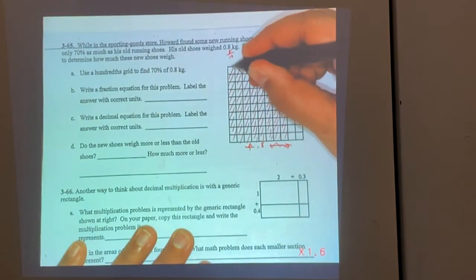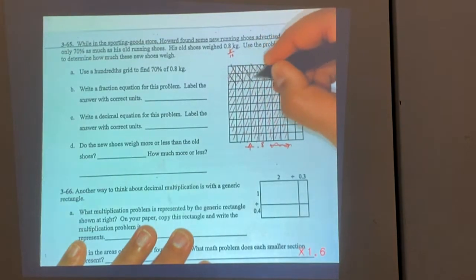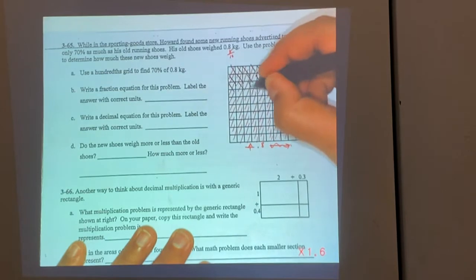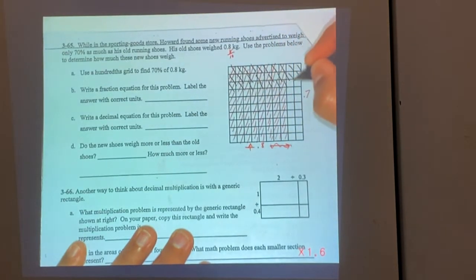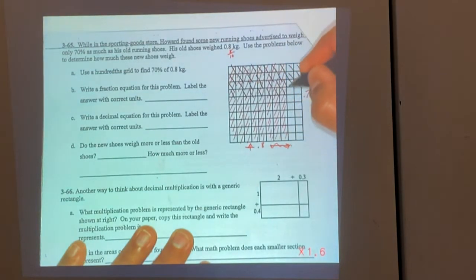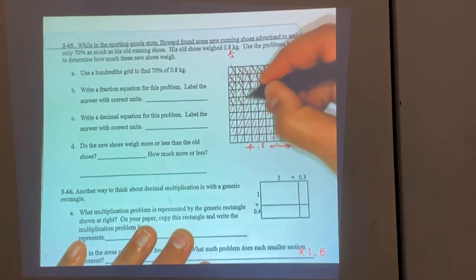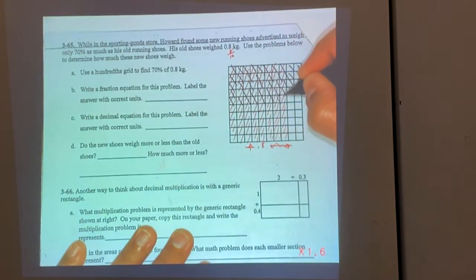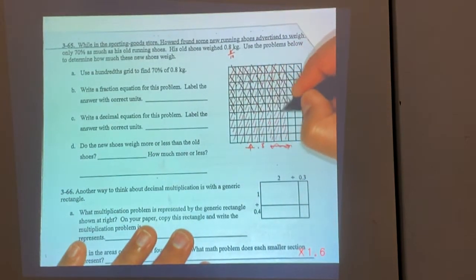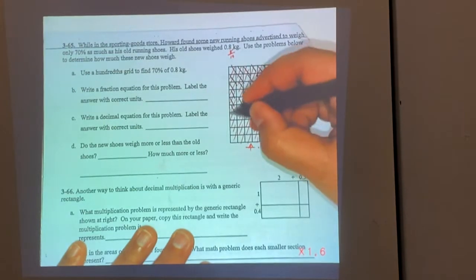There's 1/10, 2/10, 3/10, 4/10, 5/10, 6/10, 7/10.